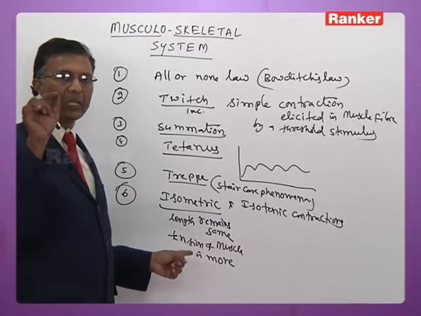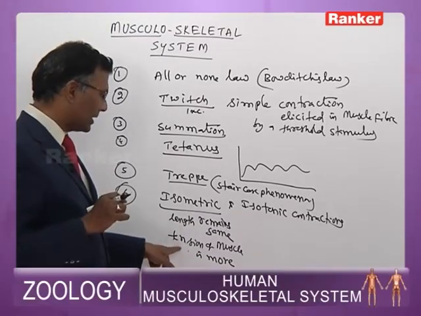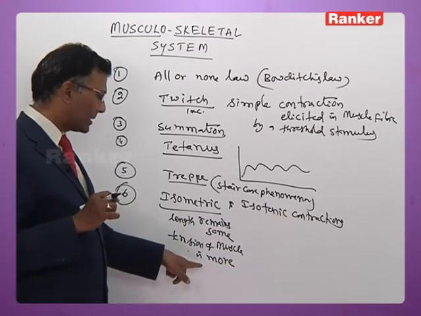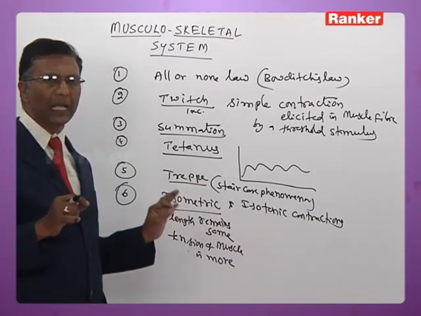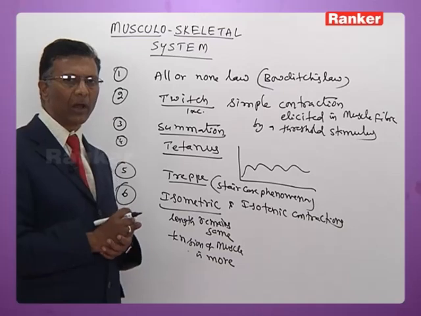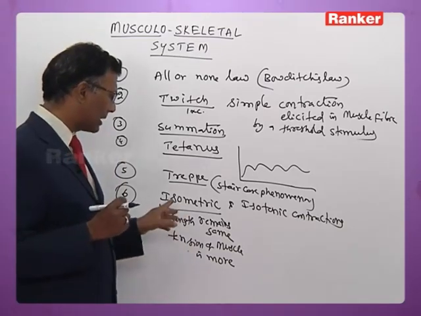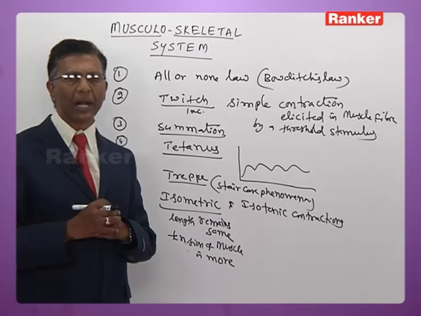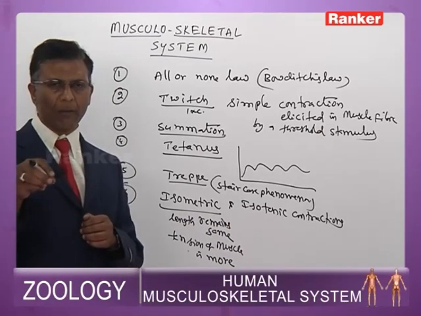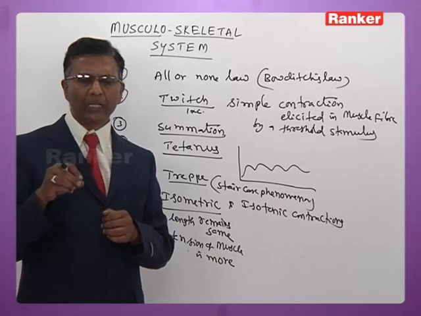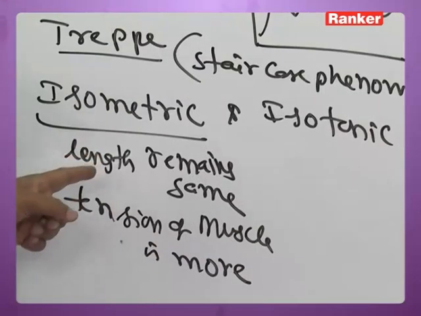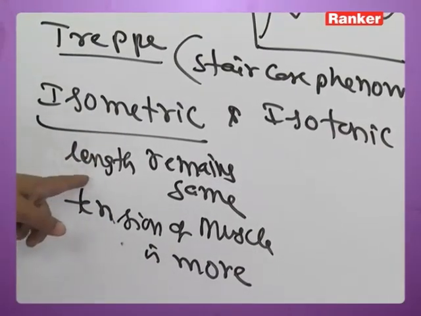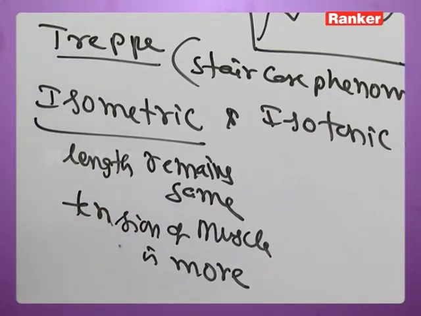The contraction that is evoked in the muscle is called tension. Length does not change, but tension increases because of the formation of more cross bridges and so on. Such contractions are called isometric contractions. Like, suppose you lift a book from a table, the contraction that takes place in the muscle can be called isometric contraction. The length of the muscle remains the same, whereas the tension is more.